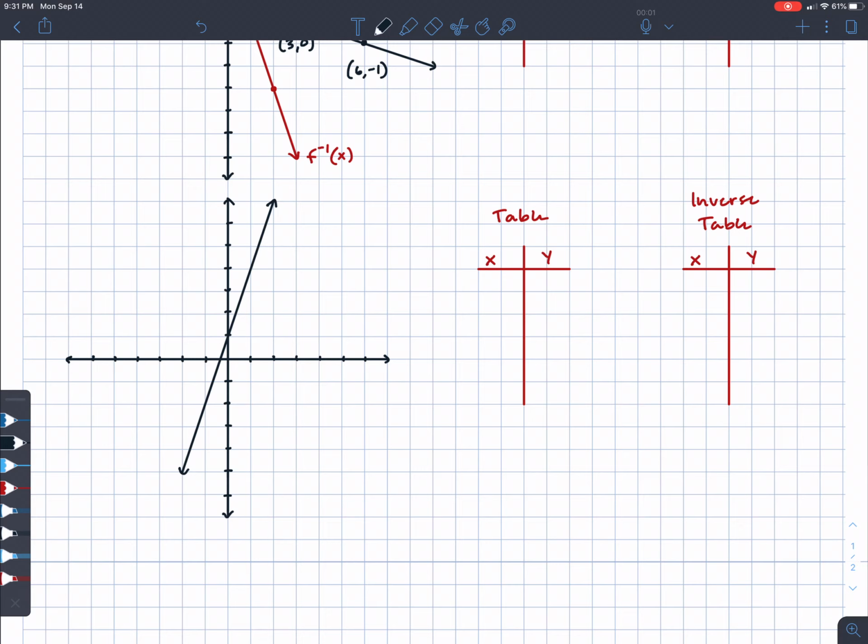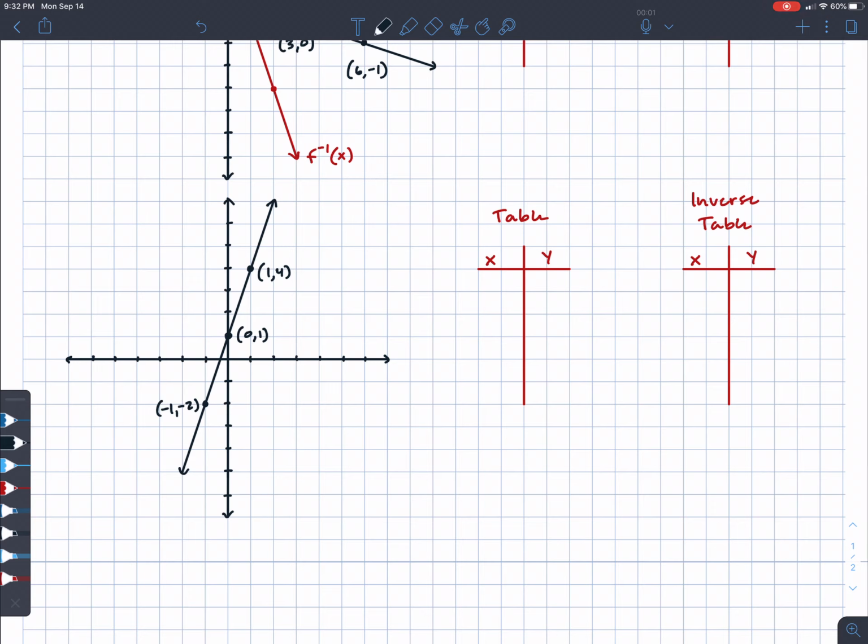It looks like I have a point here at 0, 1. I have another point here at 1, 4. I have a point here at negative 1, negative 2. And that should be enough points so that I can make a table.